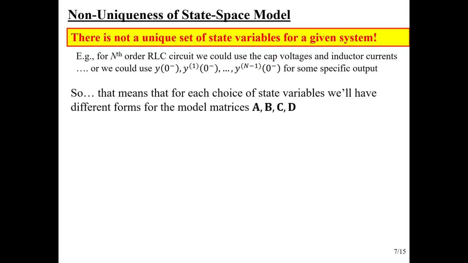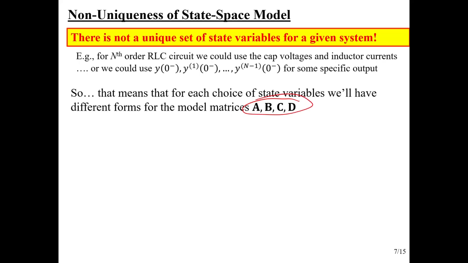So since the state vector is not unique, how we choose it is not unique, the way those vectors get updated will have to be different for each choice. So that means these matrices will change.